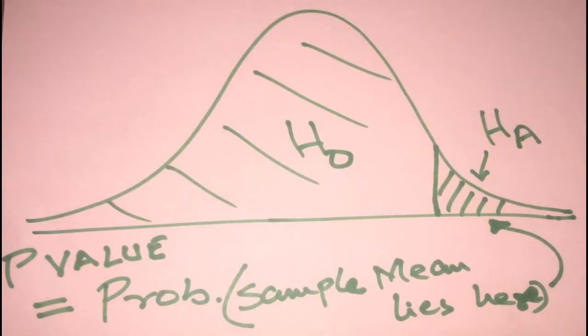So now what is p-value? P-value, P stands for probability. P-value is the probability of occurrence of a sample mean that lies in the rejection portion of the normal distribution curve, under the assumption that everything is okay, right?